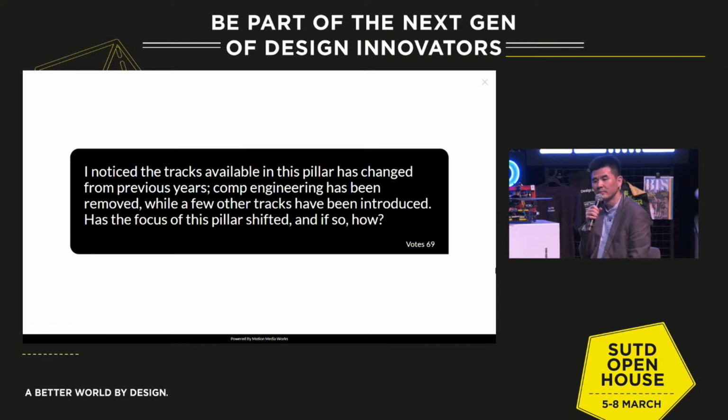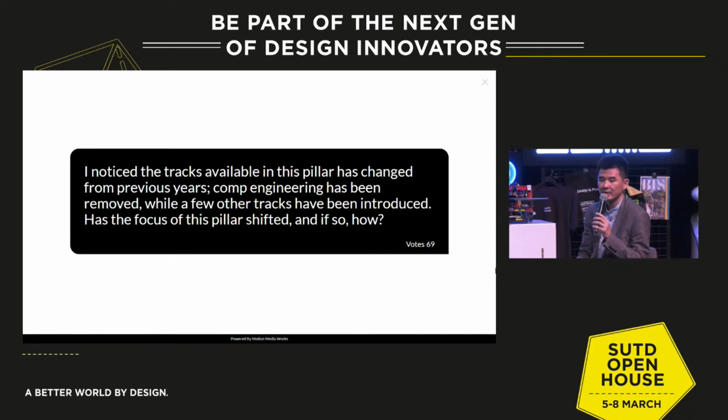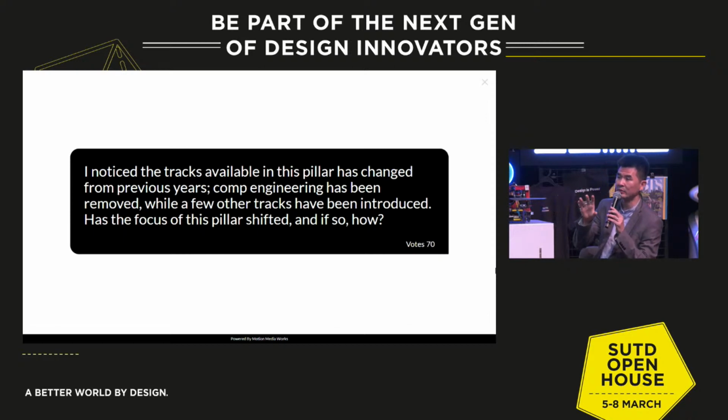One important uniqueness about the ISTD curriculum is that it adapts with what the industry needs, right? For example, computer engineering is very general. So our idea is that instead of just computer engineering, if you look carefully, we have divided it very precisely into IoT and intelligent systems, which is one class, right?